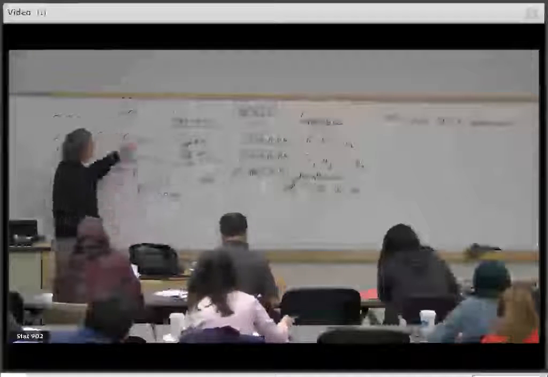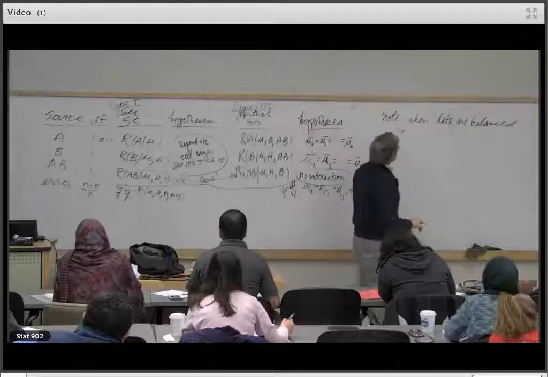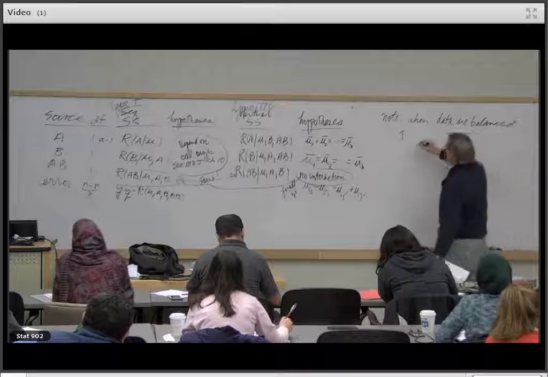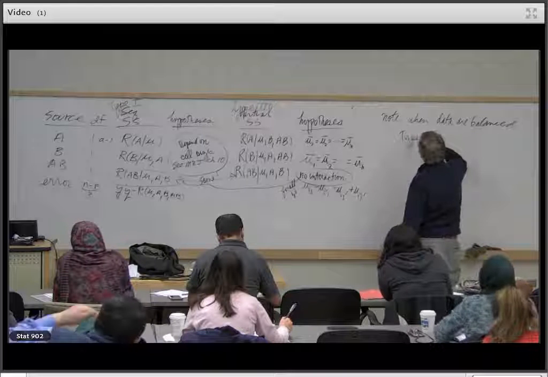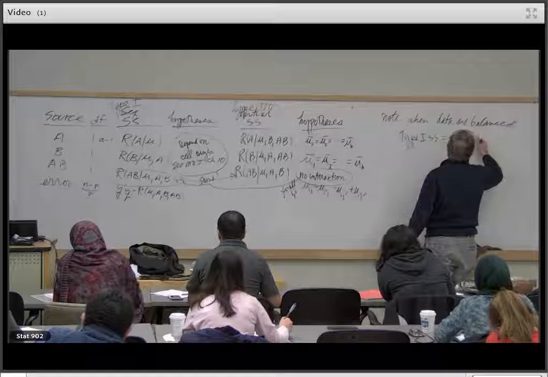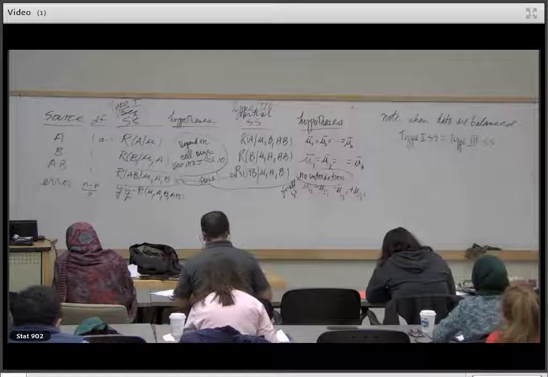You'll see another notation, type 1 and type 3. This is probably more common. It's not very descriptive, but when you say partial, it actually has some meaning to it. The type 1 sums of squares is equal to the type 3 sums of squares when the data are balanced in this particular case.